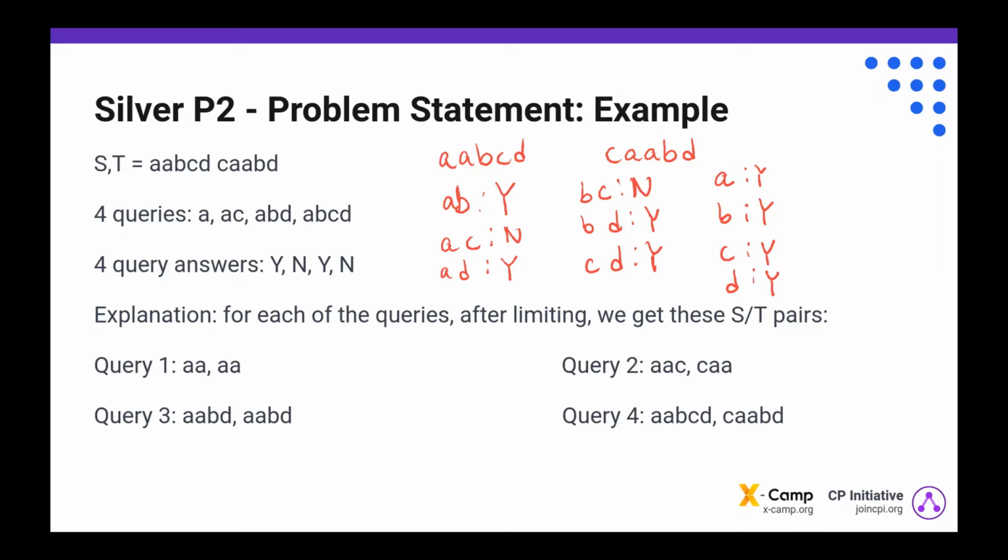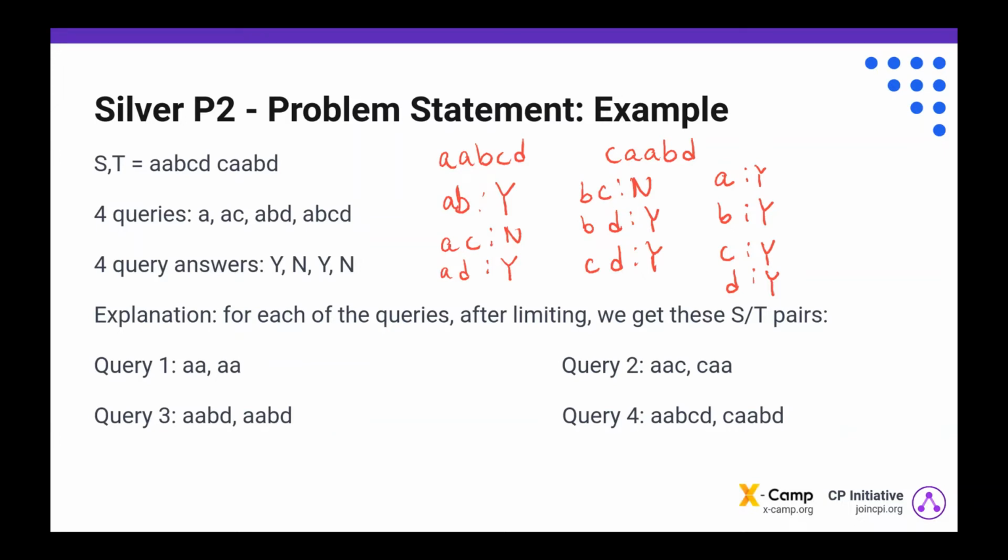ABD. ABD subsets are AB, BD, and AD. AB is yes, AD is yes, BD is yes, and A is yes, B is yes, D is yes. So we haven't found any no's, so the answer has to be yes.